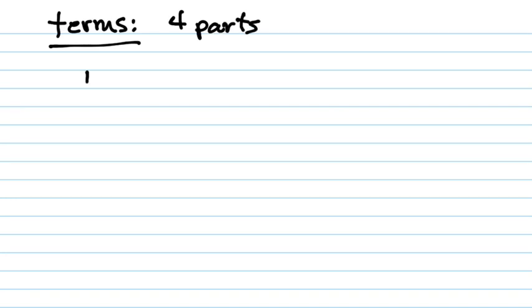So the first thing I want to do is remind you of the pieces of a term. We talked about this last time we were here. How many parts are there for every algebraic term? 4 parts. Okay. The first part is its sign. Good. That it's either plus or minus.